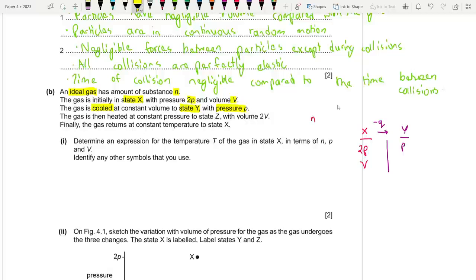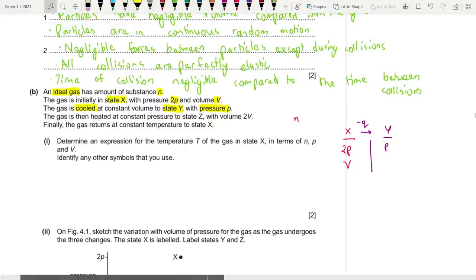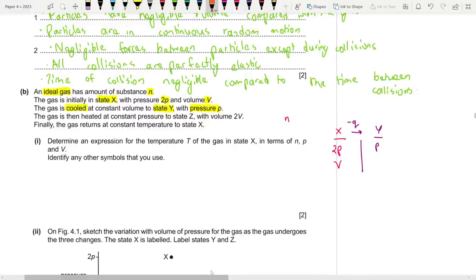Okay, so if temperature increases, internal energy will increase. If temperature decreases, internal energy will decrease, because it only has kinetic energy, right? Nothing else, no PE. So now the gas is then heated at constant pressure. Okay, so at constant pressure now what happens? The gas is heated, so it's plus Q now.